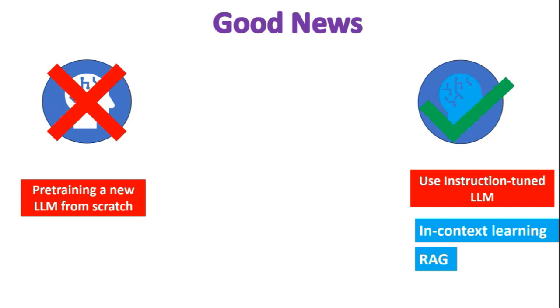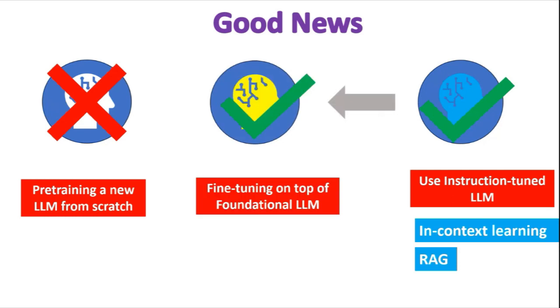If the above options don't meet your needs, you can explore the next option, which is fine-tuning a foundational model. As explained earlier, this involves choosing the right foundational model, then preparing labeled training data or fine-tuning data, and then fine-tuning the model.